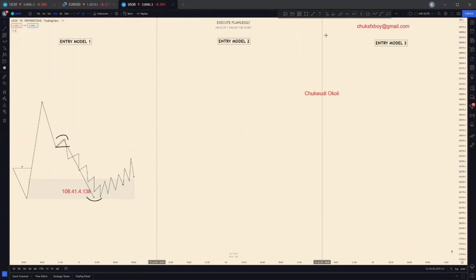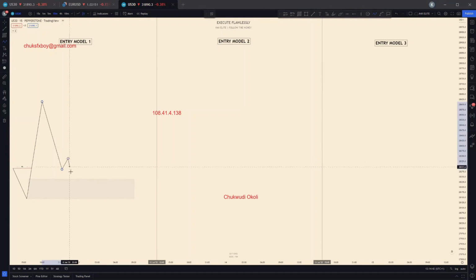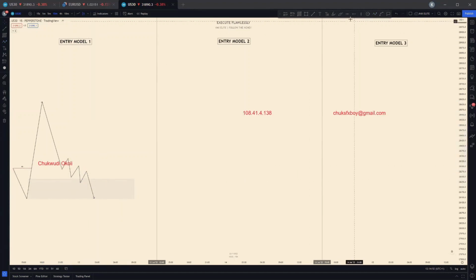So this is the first one, and then let's talk about a different scenario, because we have a couple of scenarios that could happen, and this could happen when you get price coming down. So let's imagine now, this to this is a 15-minute range, but it's also a 5-minute range at the same time.